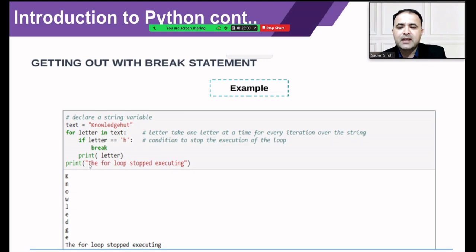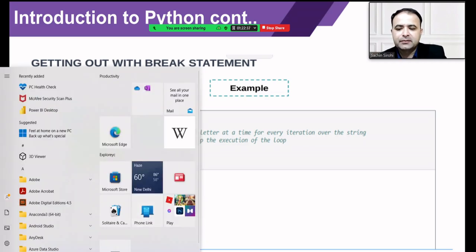So you can see the output is KNOWLEDGE, but I have removed the words starting from the H. When the H is found, the loop will be terminated. So I want to create this program, knowledge hut.